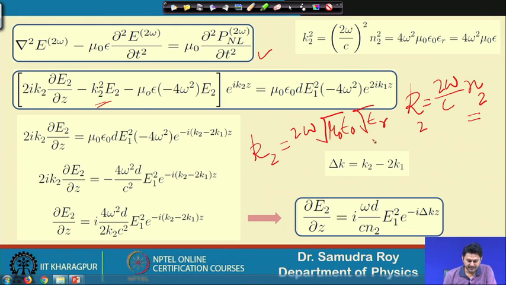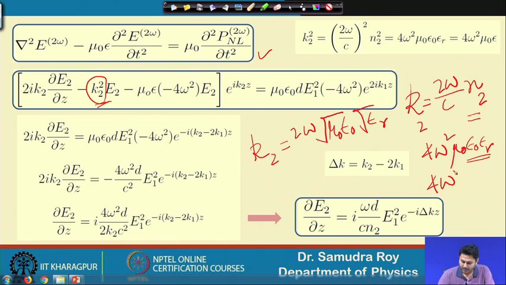Now, after doing all these things, if I make a square of that, because we have a k square term here. Our goal here is to just put the k square term here. So, k square will come out as 4 omega square mu 0 epsilon 0 epsilon r. Now, epsilon 0 epsilon r is nothing but epsilon, so it is 4 omega square mu 0 epsilon, which is exactly the same term that we have here.